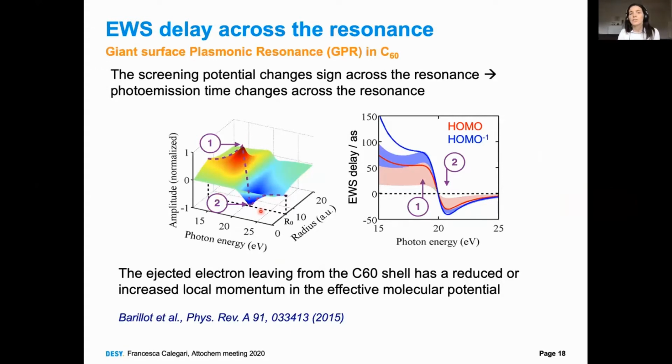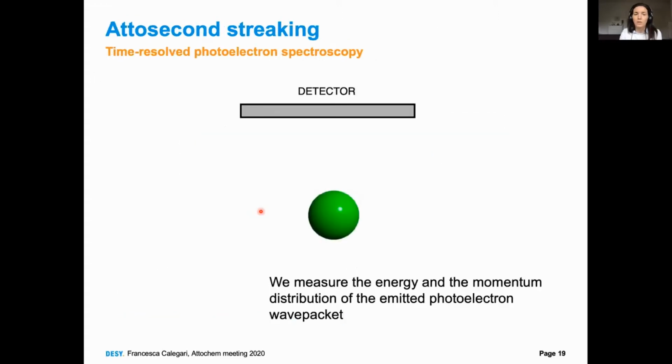And this is actually resulting in a delay, which is expected to have a change in sign. So it's sort of a screening and anti-screening effect over the photoemission of the electron. And this is due to the triggering of a collective motion in the molecule.